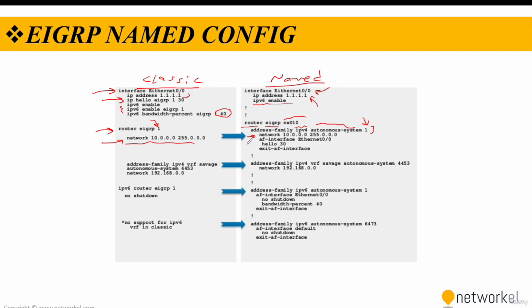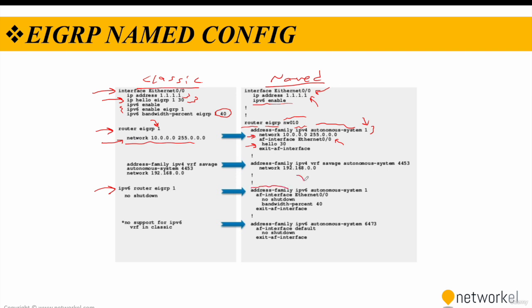Then I'm going into the AF interface mode, address family interface Ethernet 0/0. Then typing hello 30. This command, AF interface Ethernet 0/0 and hitting enter and typing hello 30, is very much the equivalent of this command, ip hello-interval eigrp 1 30. And then if I just want to configure the IP version 6 related settings on the right side, I'm typing address family.